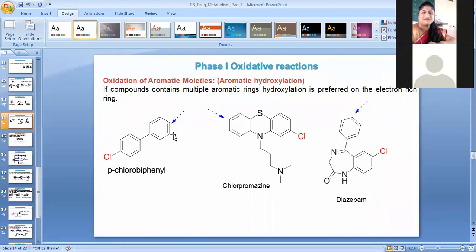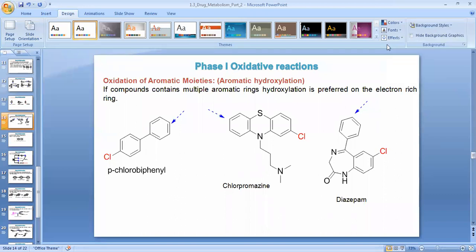See here. Now we are going to take an example of para-chlorobiphenyl. So the condition is that more than one aromatic ring is present, but one ring is attached to an electron withdrawing group. Now we know that if the ring is substituted with or attached to an electron withdrawing group, it is going to slow down the hydroxylation procedure.